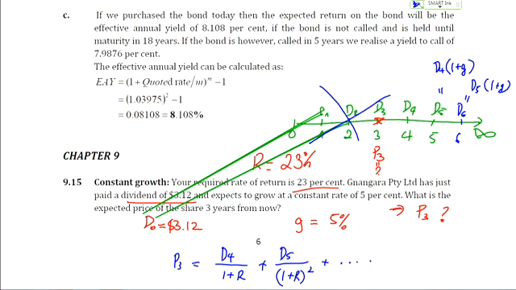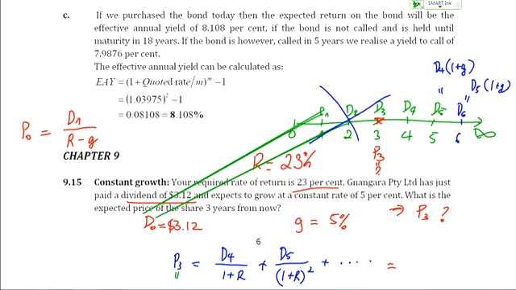But as I said to you, because it is a growing perpetuity, what is the formula of the growing perpetuity? P0 is equal to D1 over R minus G. So in this case, we need to calculate P3.